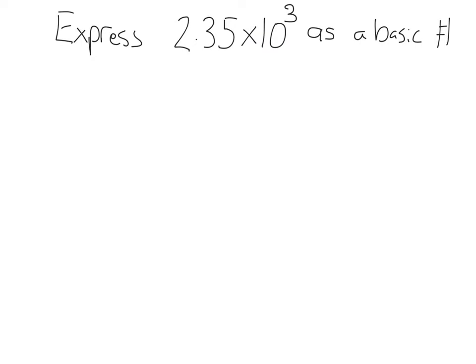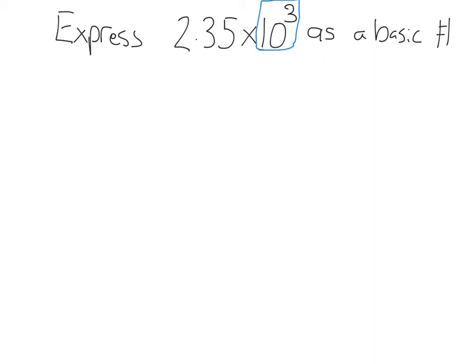Now, if you have a number in scientific notation, it's really easy to turn that into a basic number, a number that's not written in scientific notation. All we're doing here is a basic multiplication. Hopefully you already know that if I have 10 to the power of a positive whole number, then the power tells you how many zeros go on the end of it.